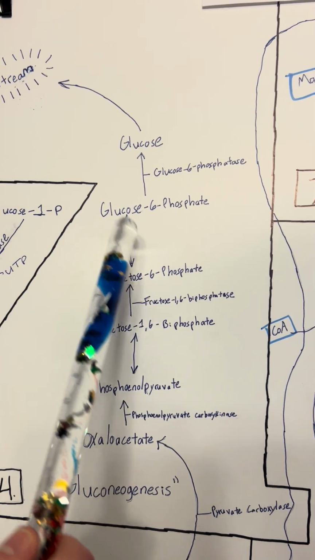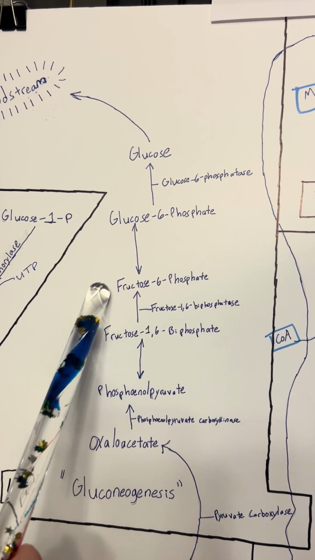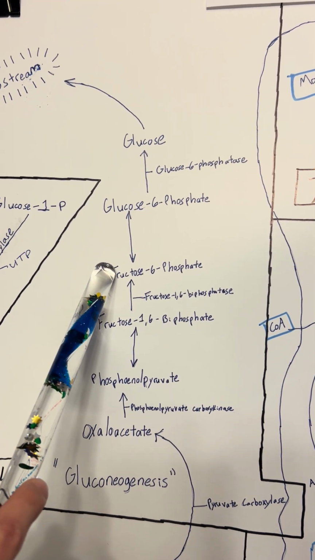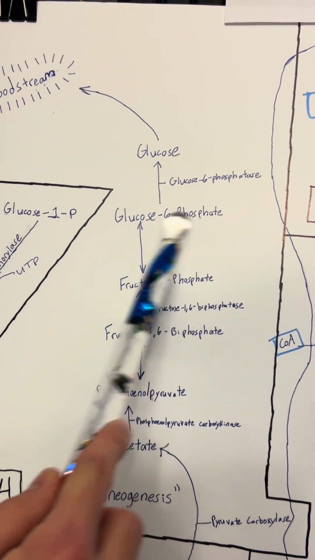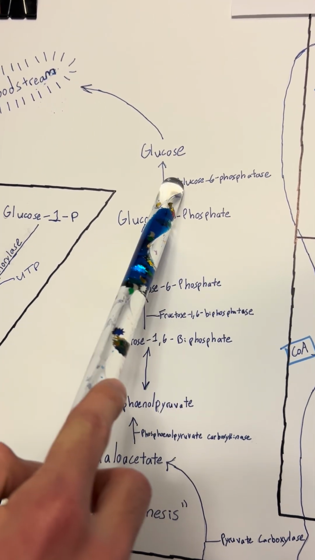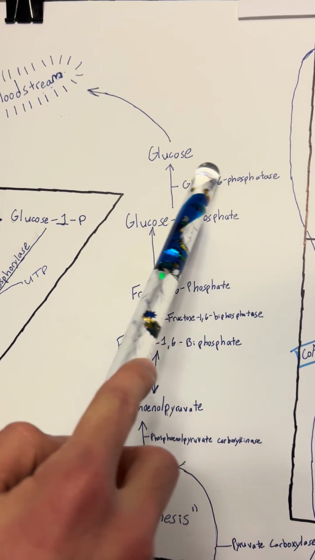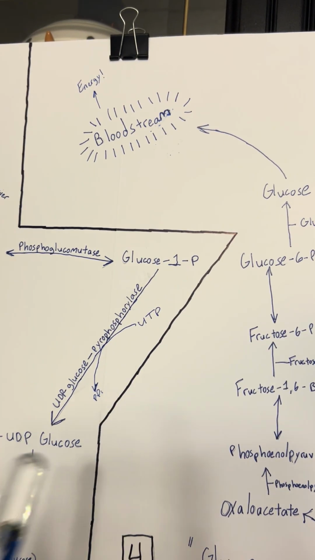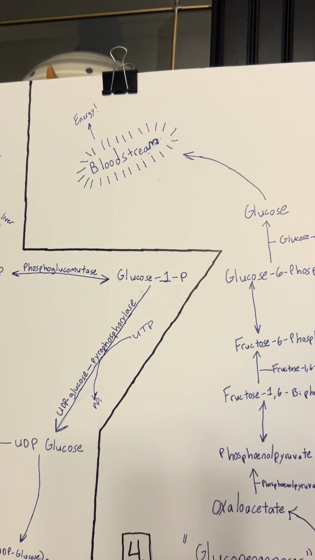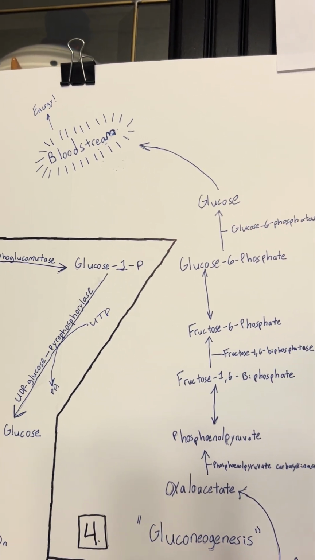Same as earlier, this is interchangeable. It's a two-way reaction. It can transform into glucose 6-phosphate or come back into fructose 6-phosphate. This glucose 6-phosphate, though, uses glucose 6-phosphatase and goes into glucose, which then goes into the bloodstream to maintain blood glucose levels, or it could be used for energy as well.